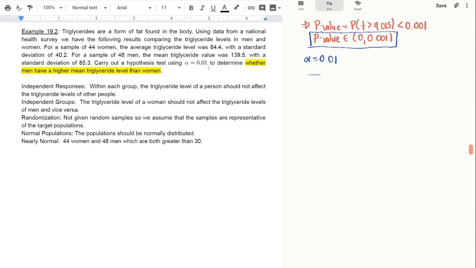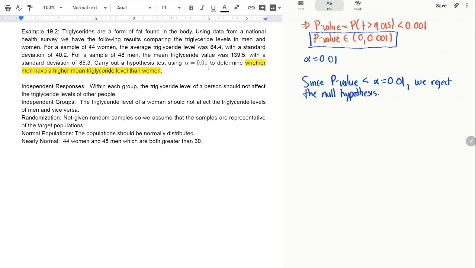Because the p-value is smaller than the significance level, we will reject the null hypothesis. This tells us that we have sufficient evidence for the alternative.